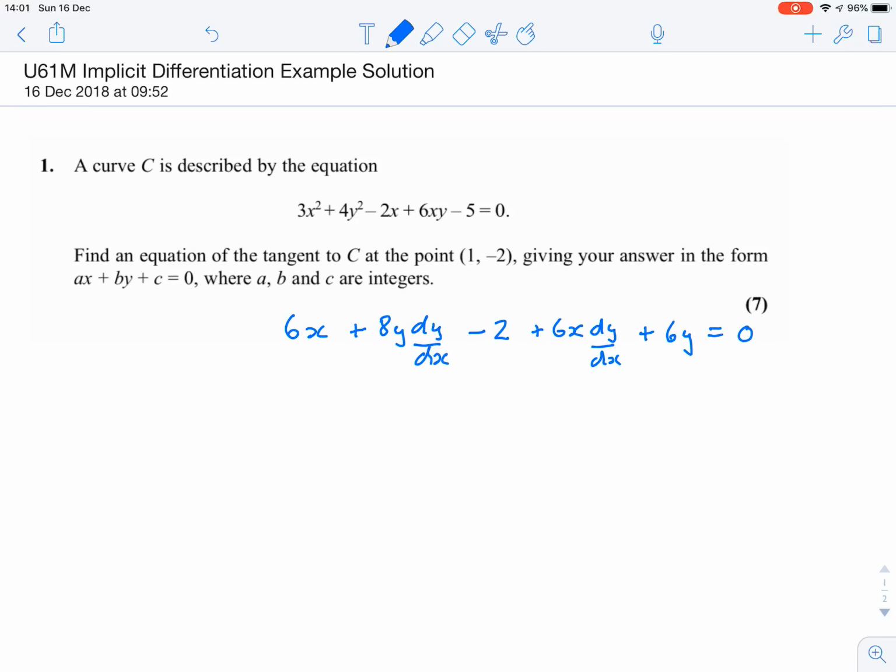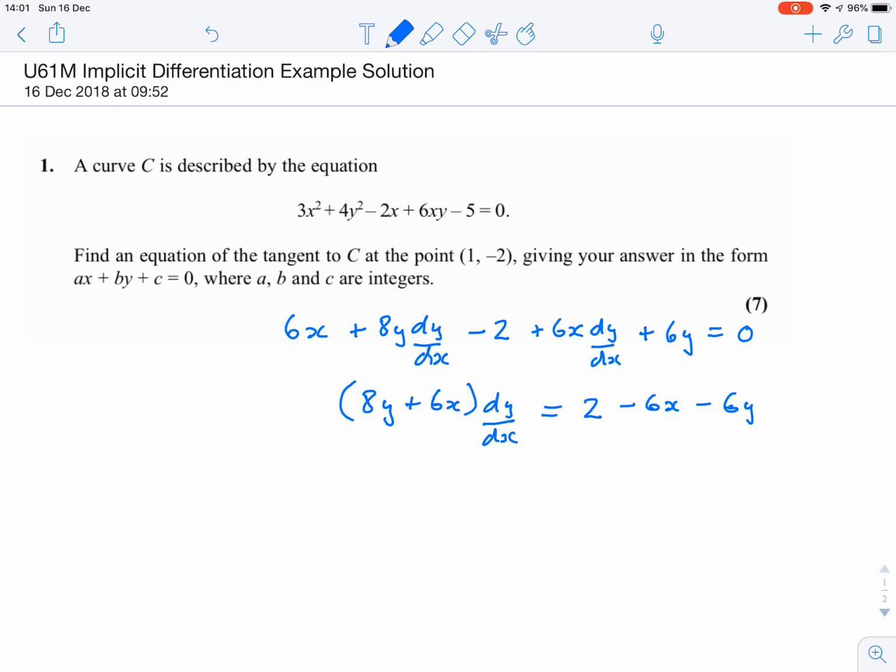Now we're going to collect the dy by dx's together, and we're going to have 8y plus 6x lots of dy by dx. We take all the other terms to the other side, and the minus 2 becomes 2, the 6x becomes minus 6x, and the 6y becomes minus 6y.